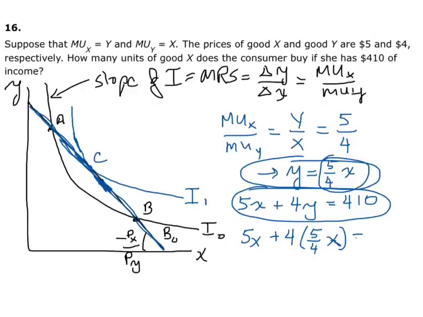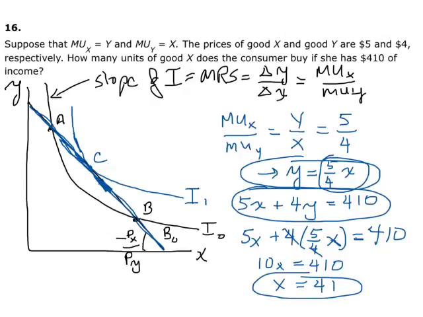Altogether, that has to equal 410. And notice that what I got here, these 4's cancel. 5x plus 5x, 10x equals 410. X equals 41.